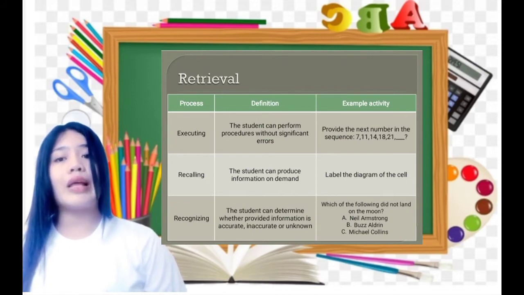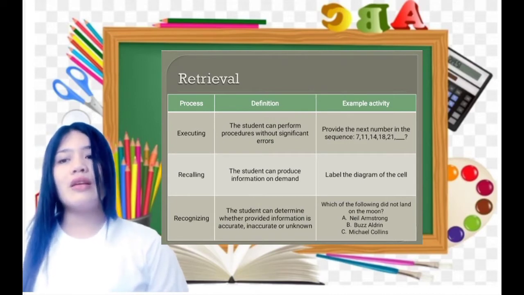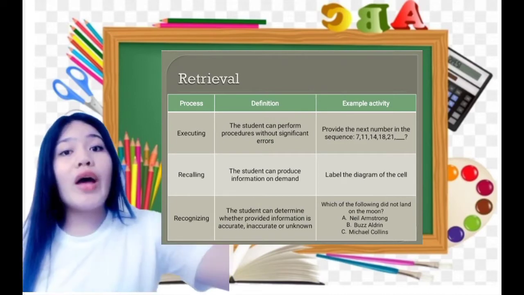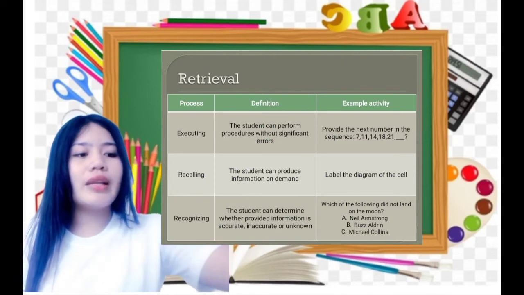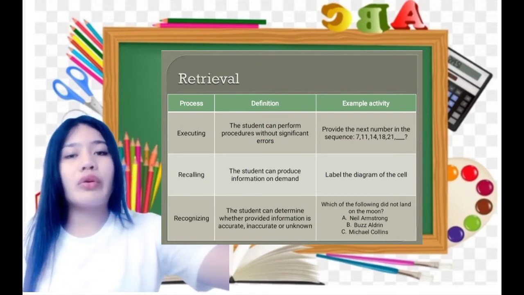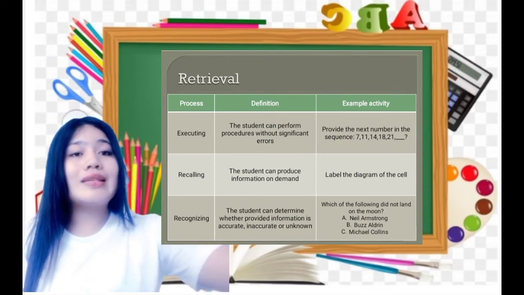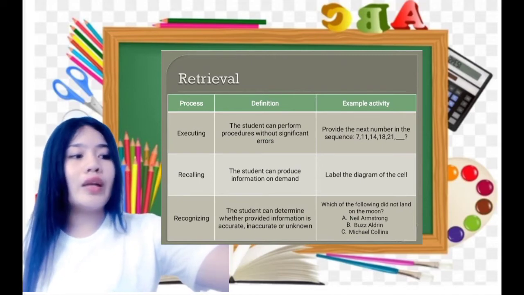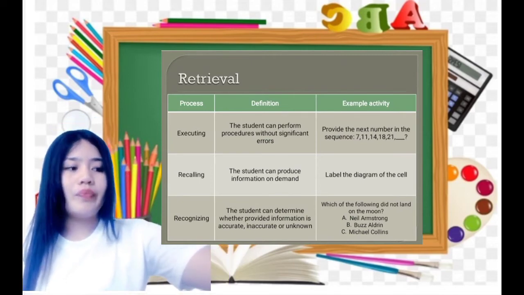So example, label the diagram of the cell. In recognizing, the student can determine whether provided information is accurate, inaccurate, or unknown. So example, which of the following did not land on the moon? A. Neil Armstrong, B. Buzz Aldrin, C. Michael Collins.